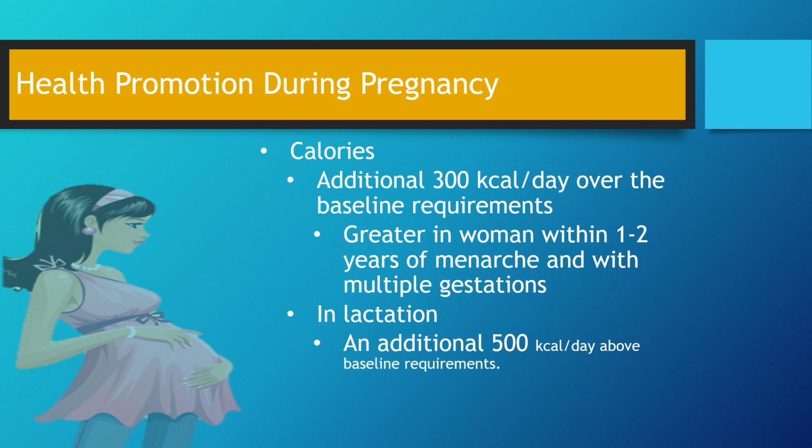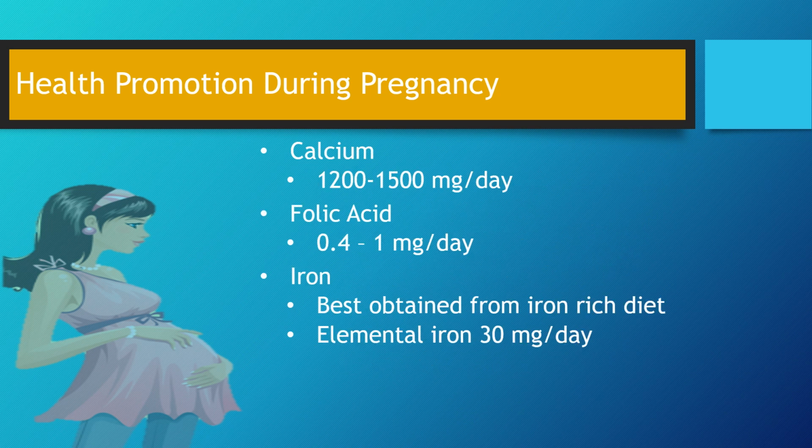A woman will only need to increase her caloric intake by about 300 calories per day. During lactation, she can expect to burn about 500 calories per day, so you will also want to take that into consideration. Calcium should be 1,200 to 1,500 milligrams per day.